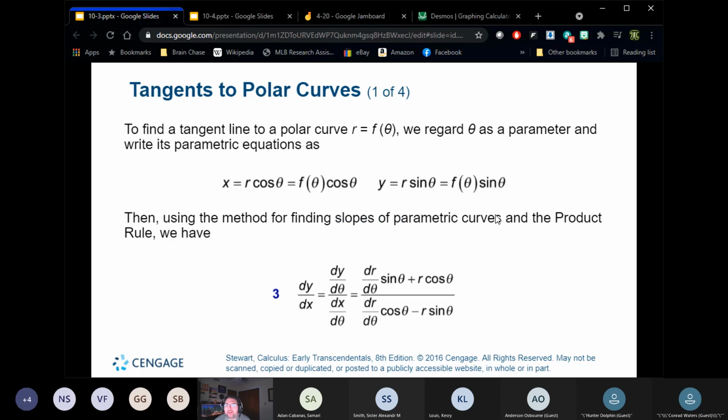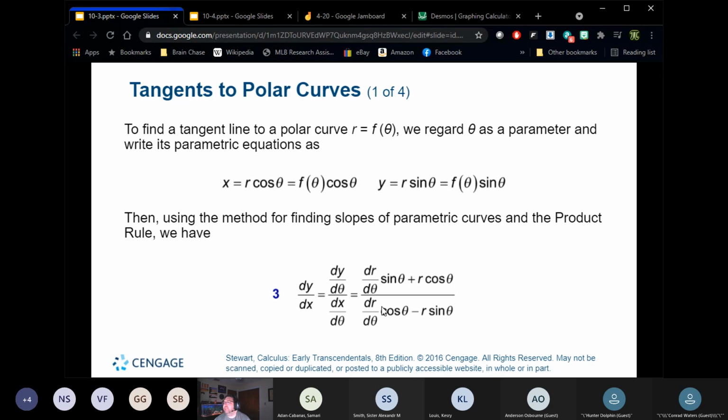So finding tangents, you're looking for your derivative. Your derivative function for this is a little more complicated than the parametric equations, where you just had to find the derivative of each piece. In this one, your dy over dx is dy d theta over dx d theta. So you actually have to find the derivative of that other part.